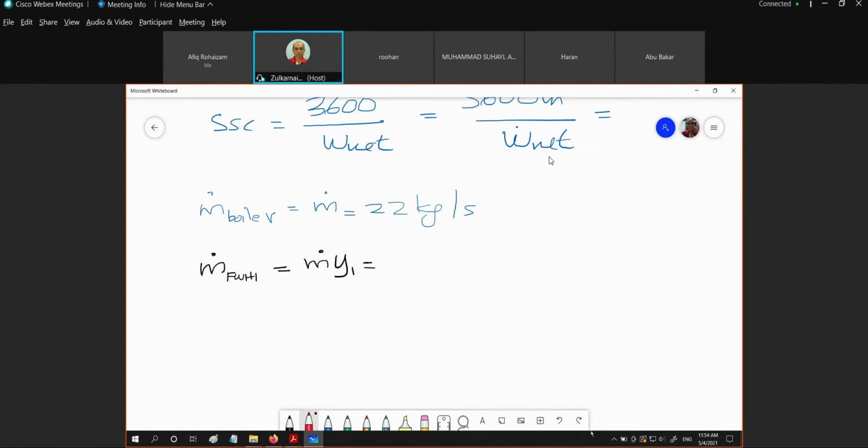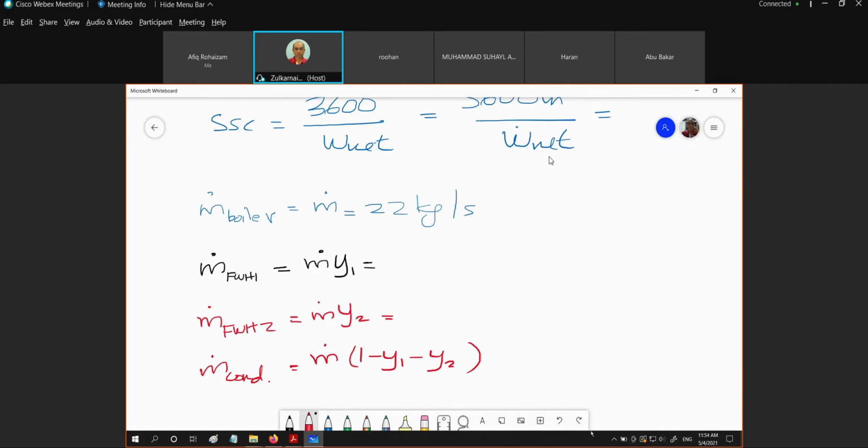And then the flow rate of feed water heater number 2 is equal to m dot multiplied by y2. And then we might be asked for the m dot for the condenser, and this is equal to m dot times (1 minus y1 minus y2).